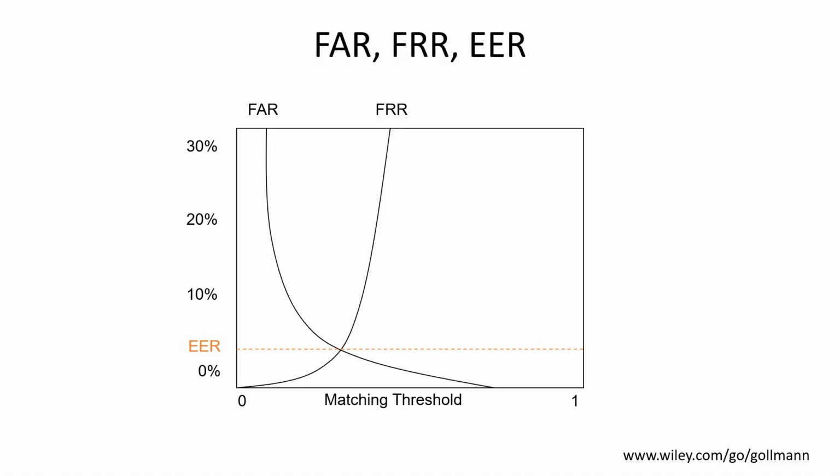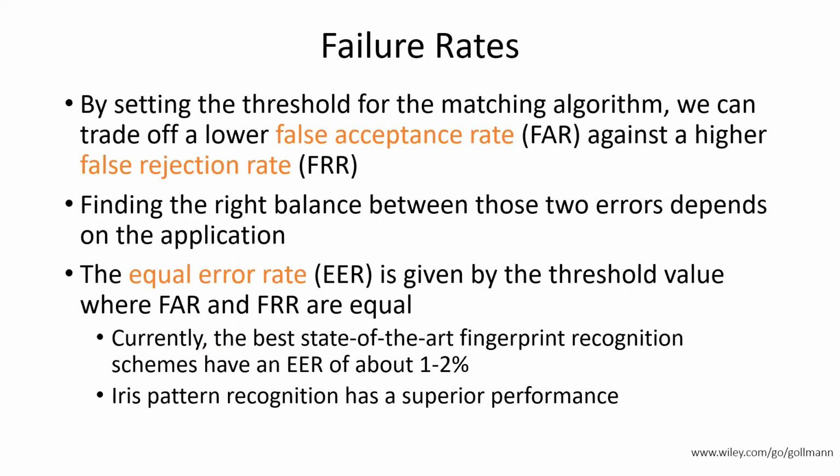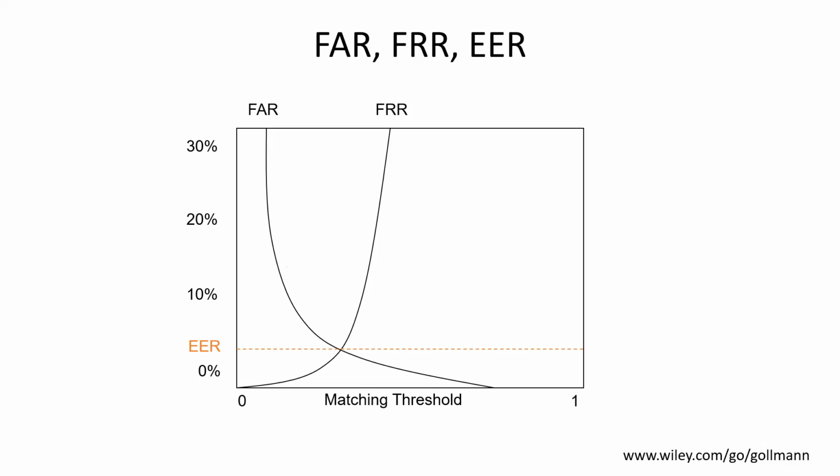On the other hand, the false acceptance goes way down because the closer you match, the less likely it is that somebody else's fingerprint will look like yours and let them in. There is a point where they match. It's called the equal error rate, where both false acceptance and the false rejection are the same. And they note that most fingerprint systems are only about 1 or 2%.